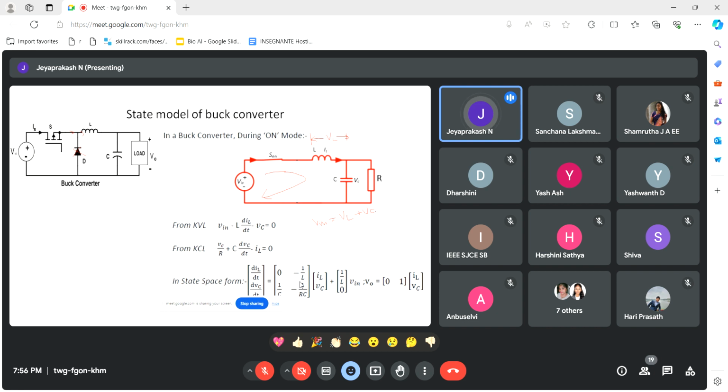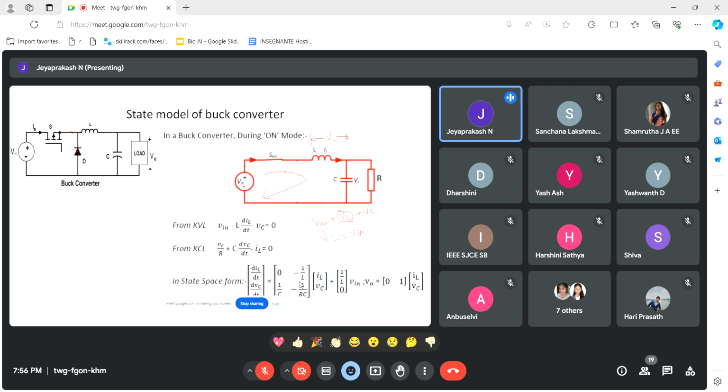We need the voltage across the inductor, so we rearrange this equation. VL is equal to Vin minus VC.